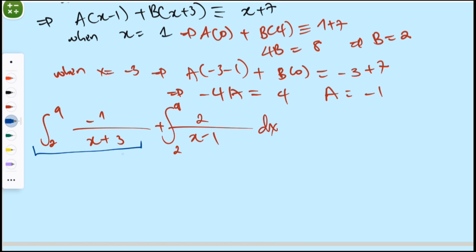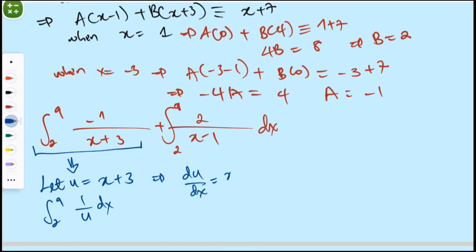If we integrate this first one, we can let u be equal to x plus 3. So that will be the integral of 1 over u dx. This would imply du by dx equal to 1 if you differentiate that, so du becomes 1 dx.